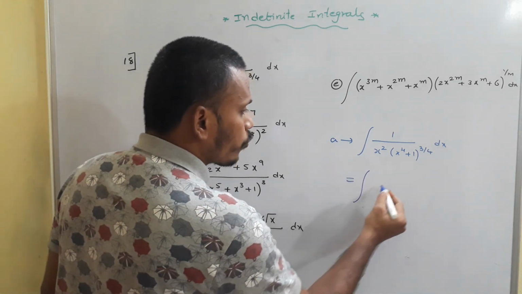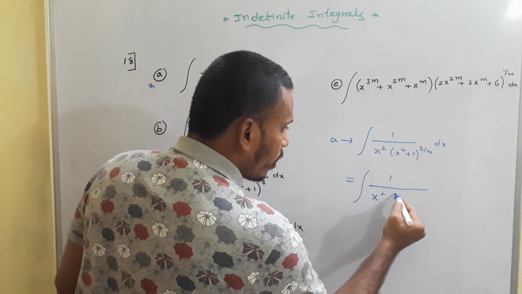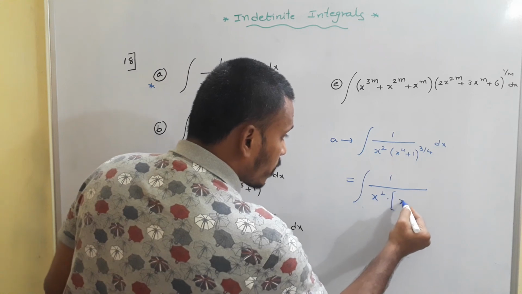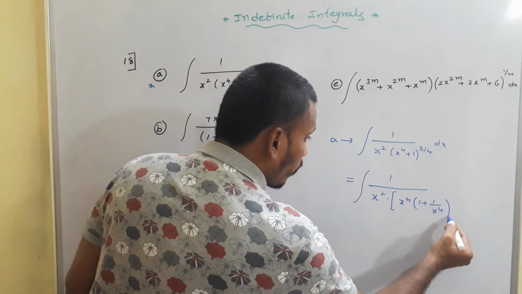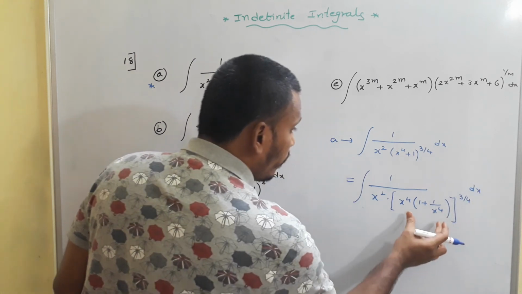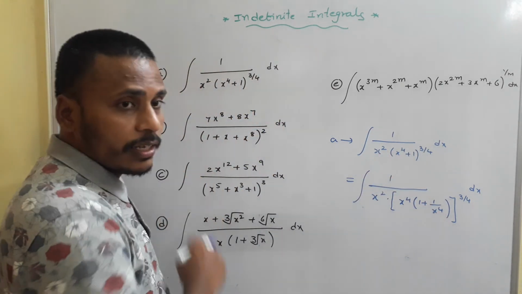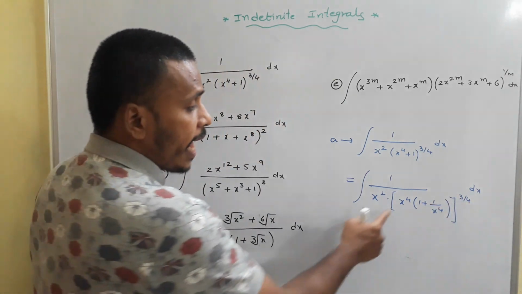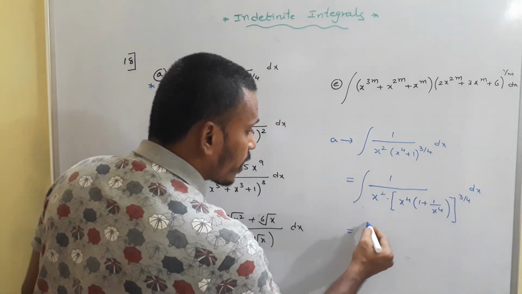This is another idea actually. 1 by x square into, here again power 3 by 4 is involved, so x power 4 of 1 plus 1 by x power 4, whole to the power 3 by 4 dx. This way of rewriting x power 4 plus 1 is very important and logical in this problem. X power 4 power 3 by 4, the 4 gets cancelled, that is x cube, and it combines with x power 5.